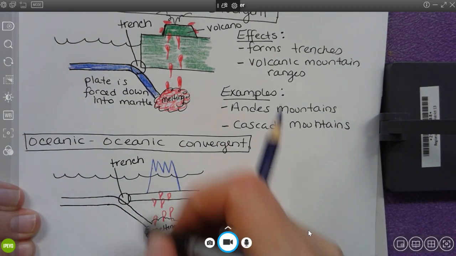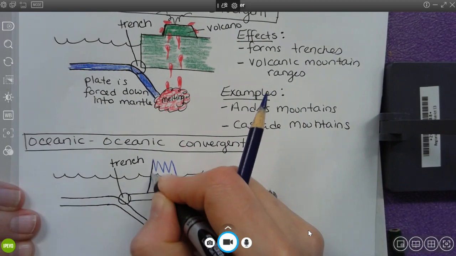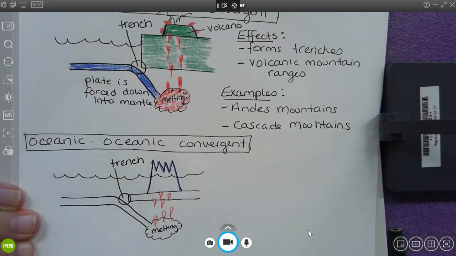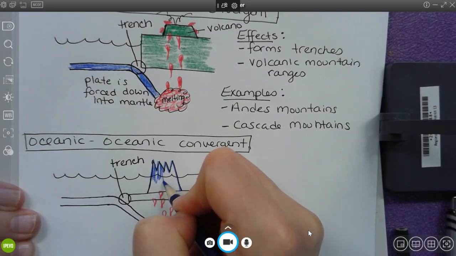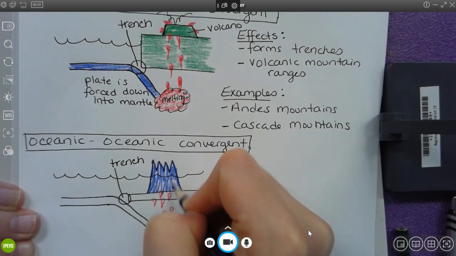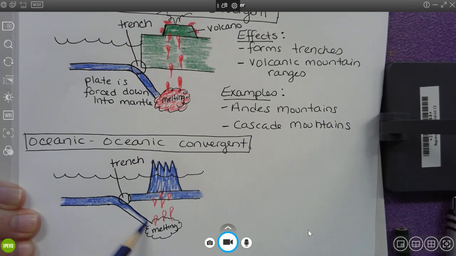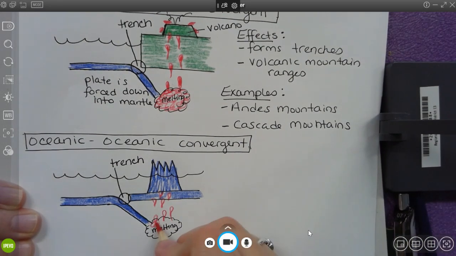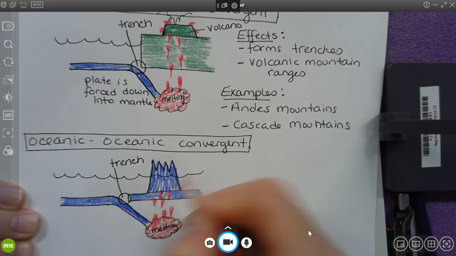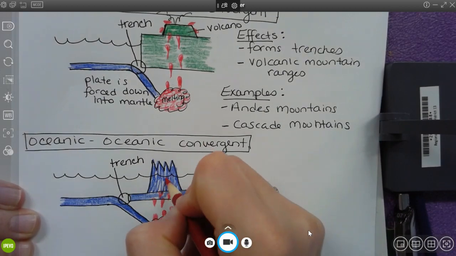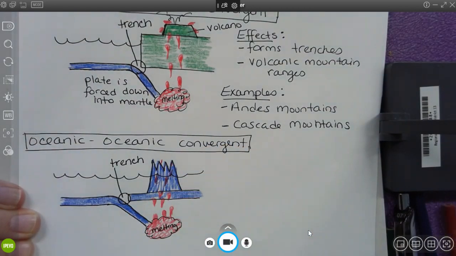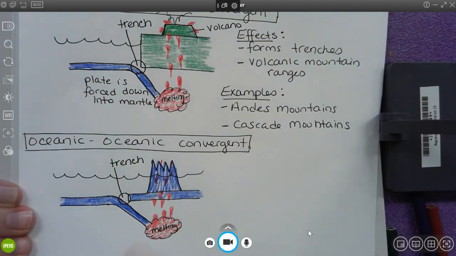It's an island. Yes, it's an island. I know that doesn't really look like an island. Anyway, okay. So it's a volcanic island arc.